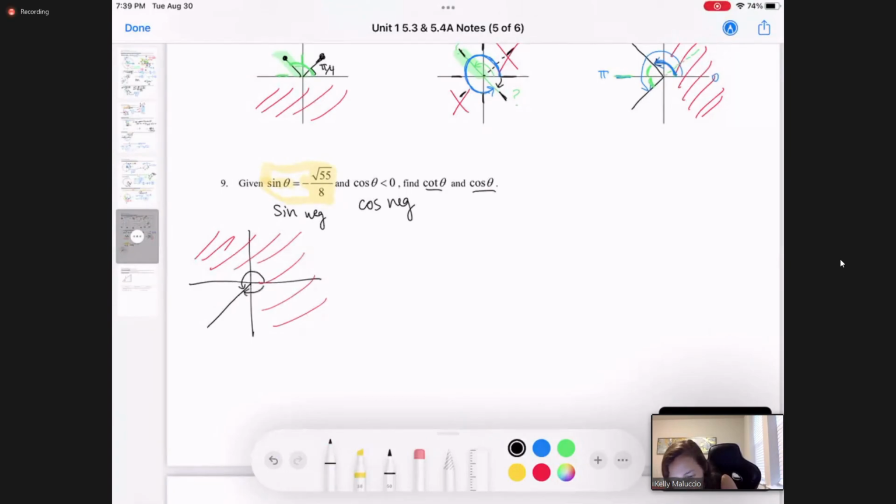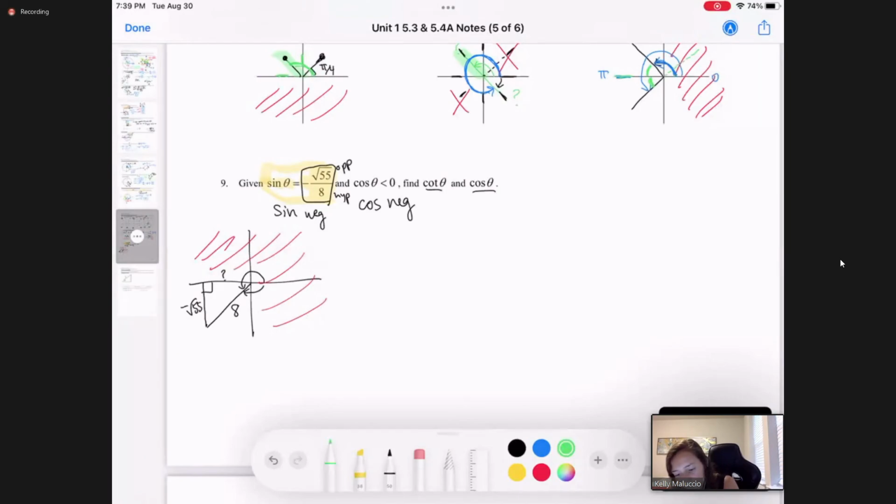It doesn't matter. But we can make a right triangle because they gave us this value. We know that this is opposite over hypotenuse, right? And remember, hypotenuse can never be negative. So this is just 8, the hypotenuse. The other side is negative square root of 55. And we don't know that side yet, but we can calculate it with the Pythagorean theorem, right?